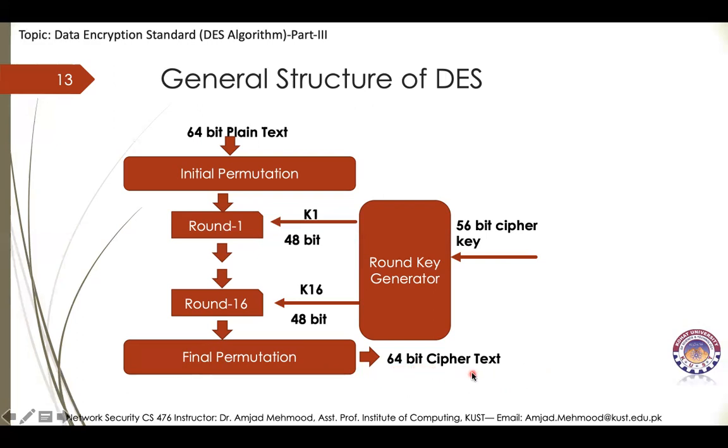This will be done by the sender, and once the sender sends this to the receiver, the receiver will perform the reverse operation. In the next lecture, I'll be explaining how the reverse operation will be performed on the receiver side, in part number 4.